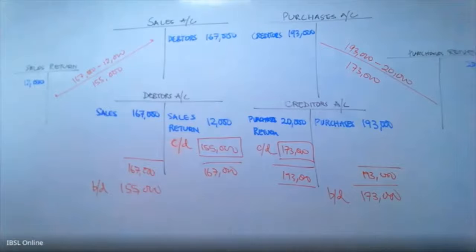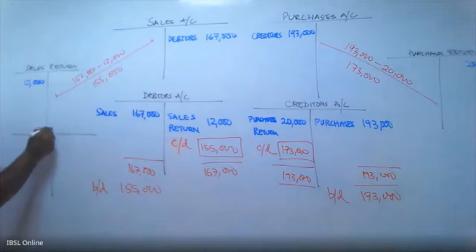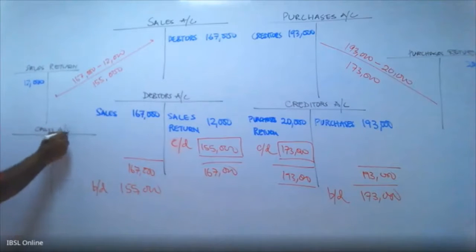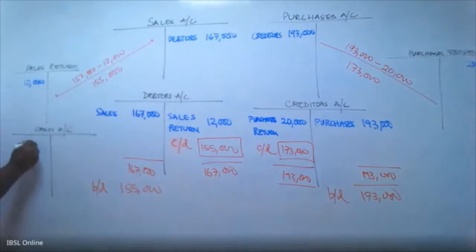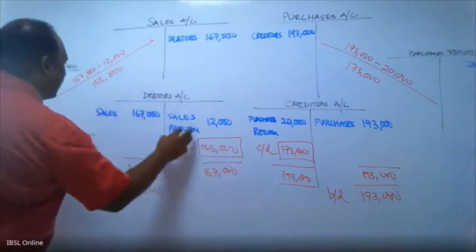Now what is going to happen? When you receive cash, anything that you receive becomes your asset, right? You are receiving cash, so the debit will go into your cash account, 25,000. And who is paying this? It is one of your debtors.